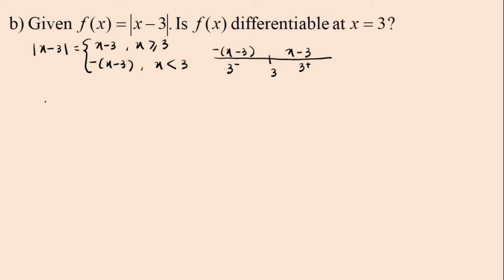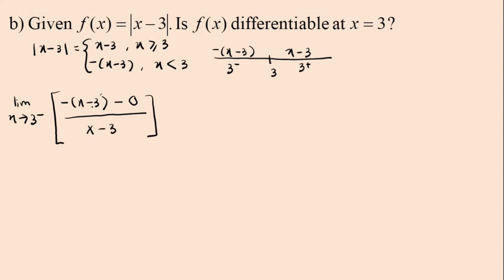So in order to answer the question, we have to check the limit. So the limit of x approaches 3 from left first. Our function 3 from left would be negative of x minus 3, minus the substituted value into your function. So you're going to get 0 divided by x minus 3.